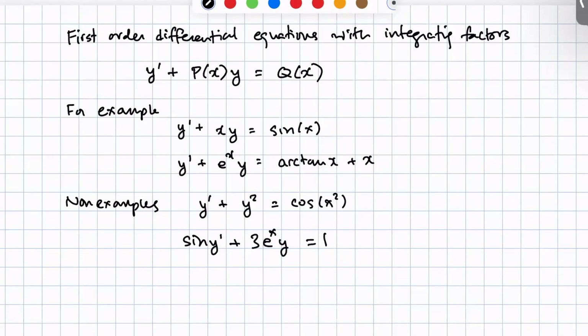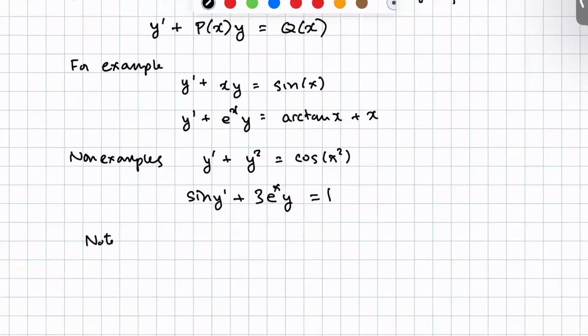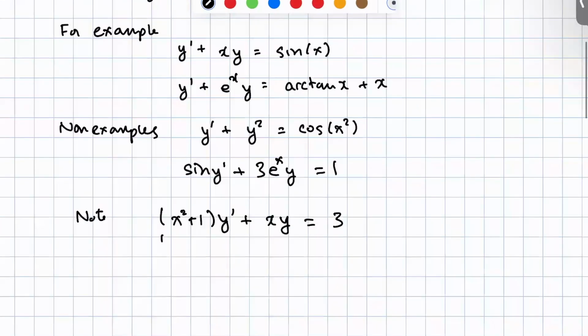Now, that having been said, let's do something a little bit more carefully. Suppose I have something like (x squared plus 1) y prime plus xy equals 3. Notice that I do have an x squared plus 1 in front of the y prime, so the form is not quite right.